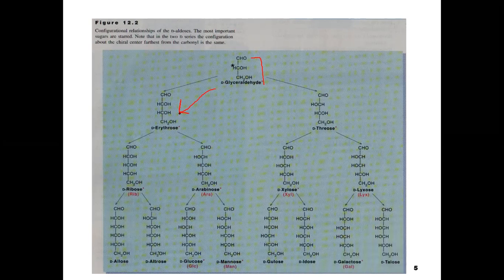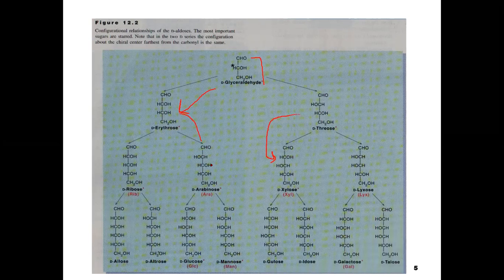From this erythrose, with condensation with one carbon, it may convert into a five carbon compound, and similarly this threose may also be converted into a five carbon compound, which may be the ribose and arabinose in case of the erythrose, and xylulose and the lyxose in the case of the threose.